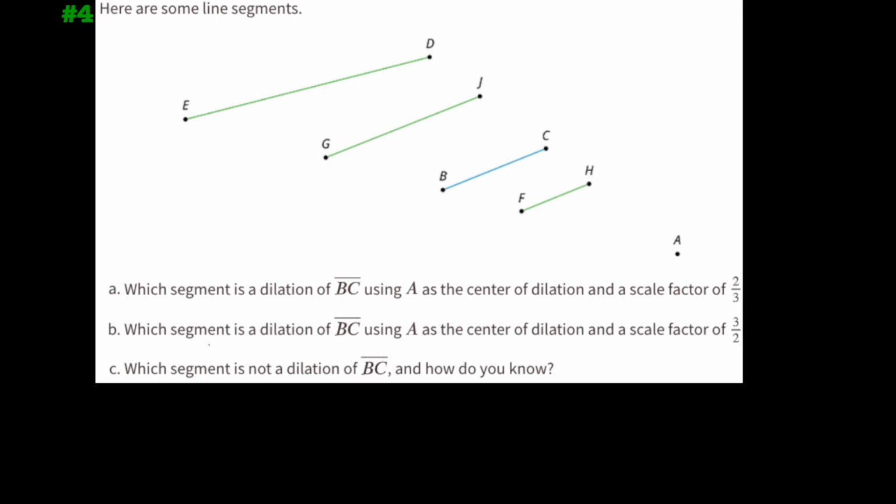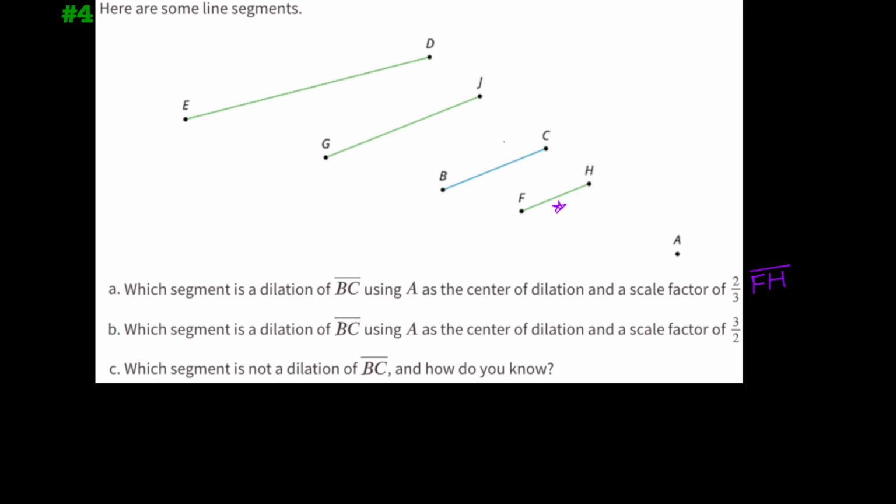Then for number 4, it says here are some line segments. Which segment is a dilation of BC using A as the center of dilation with scale factor 2/3? For this first one, it's going to be FH as a segment, this one here. That's going to be our 2/3 scale factor.